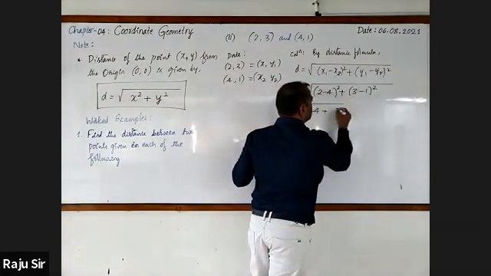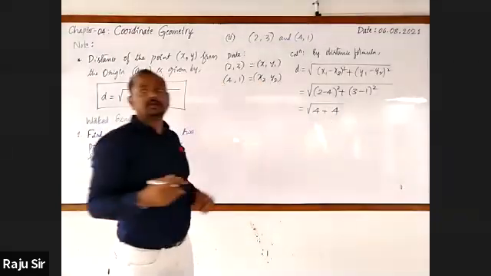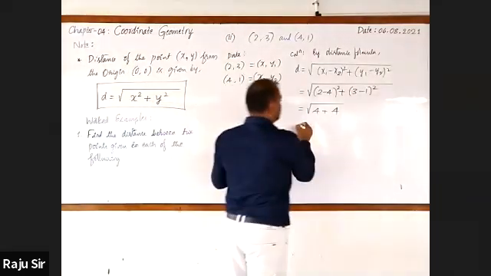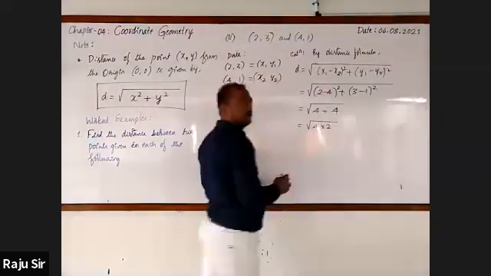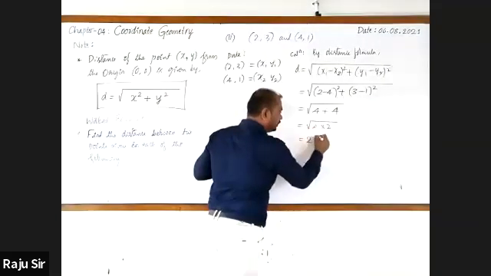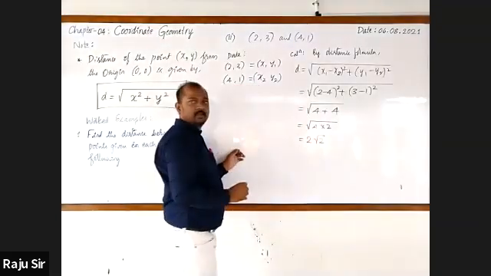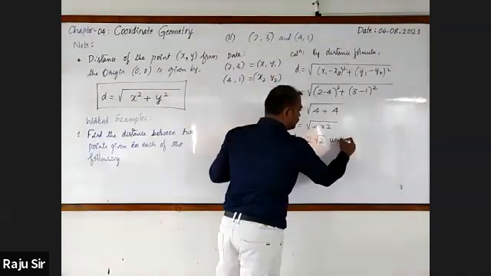This is 4 plus 4, 8. 8 is nothing but 4 into 2. Square root of 4 is 2, root 2 as it is. Therefore, the distance between the given points is 2 root 2 units.